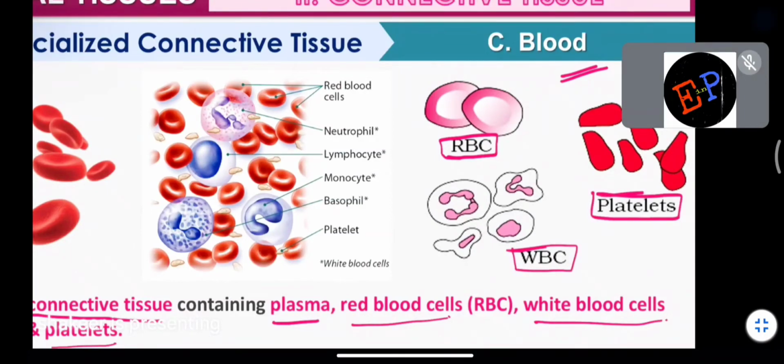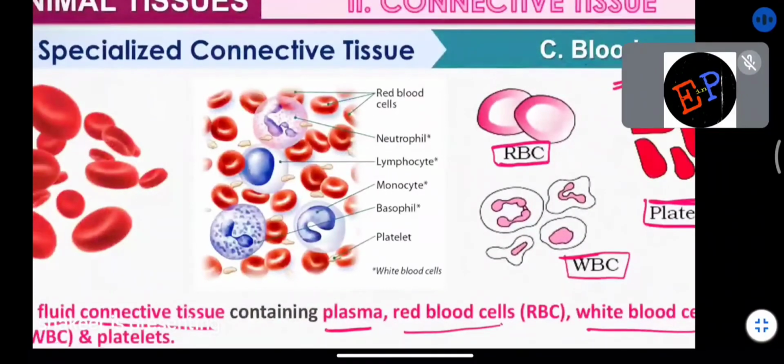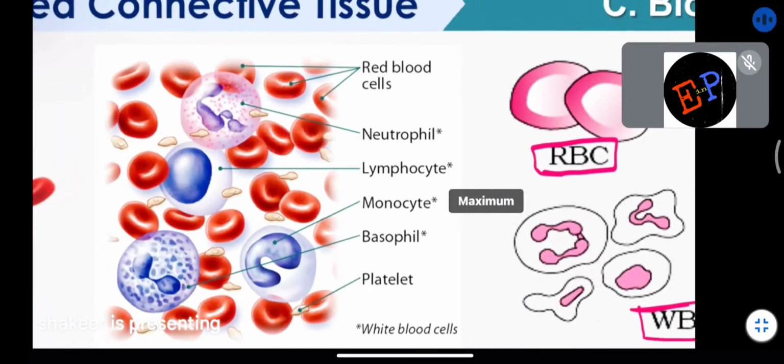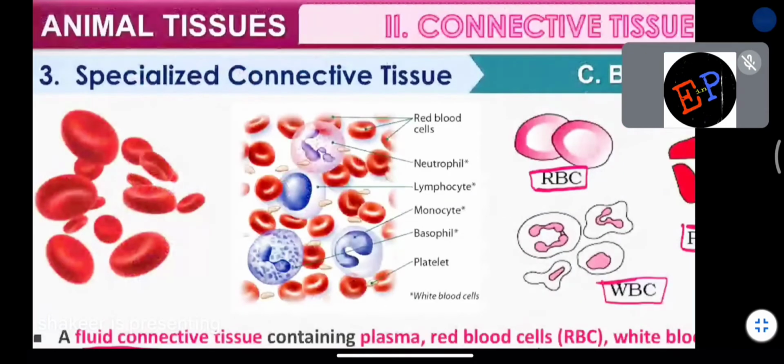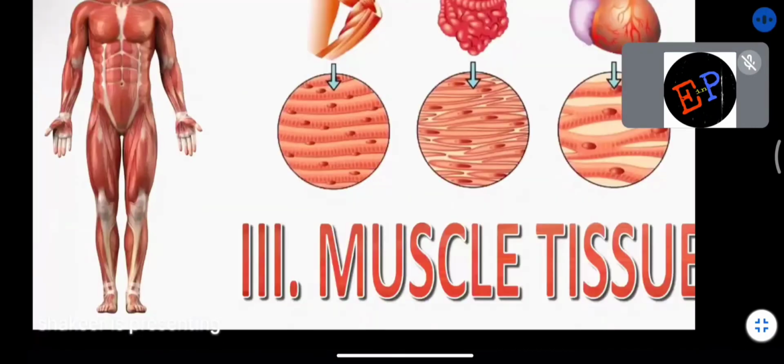And in the figure you can see the different cells which are present: RBC, neutrophils, lymphocytes, monocytes, basophils, platelets. So these are the different components present in the blood.